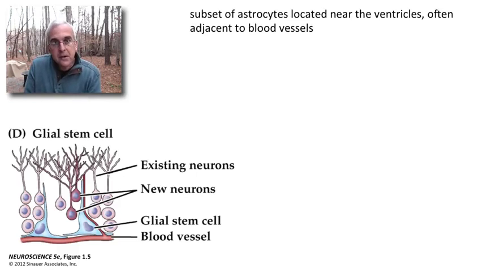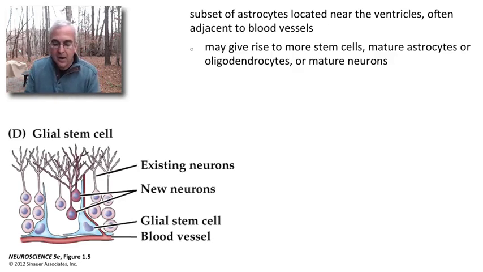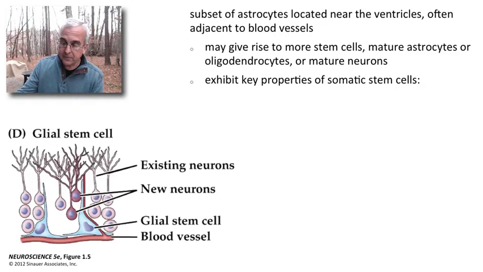And these seem to be a subset of immature astrocytes that are located near the ventricles, often adjacent to blood vessels, as we see here in this illustration. And these glial stem cells can give rise to more stem cells, or they can mature into astrocytes, oligodendrocytes, and even neurons.